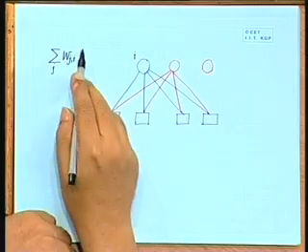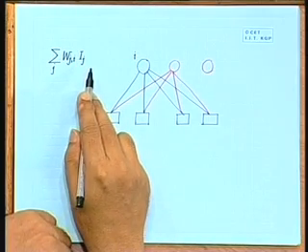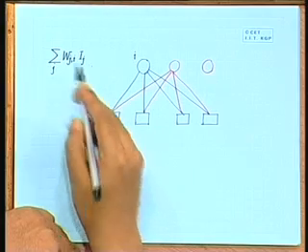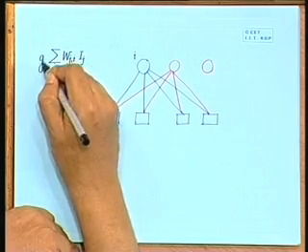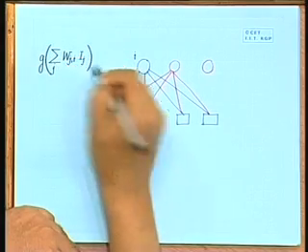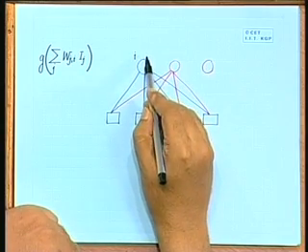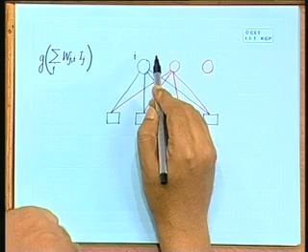So, this was defined as the total input, right, and then we define the activation function as some g of this input, and that is the output that this neuron is going to have, right.